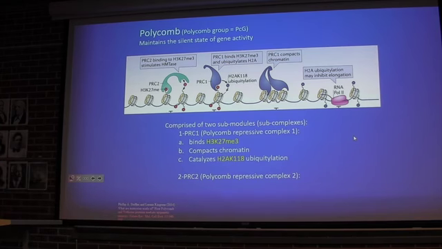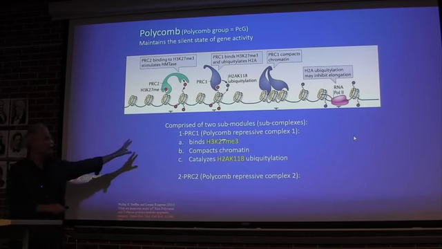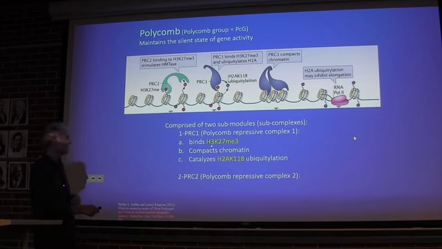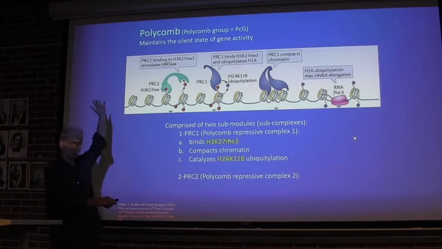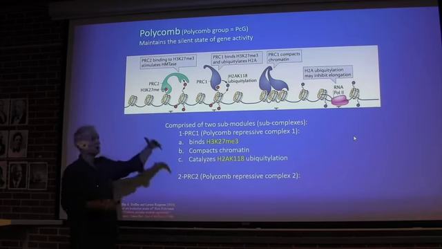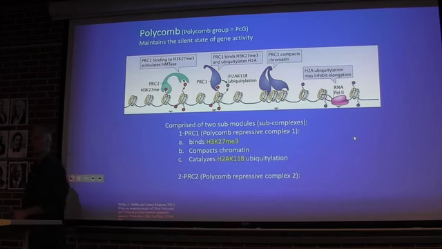H3K27 trimethyl. So that now we begin to understand why that's an important mark, because we know a lot about what it attracts, what binds there. Polycomb, PRC1 binds there. And it's thought through the previous slides that just simply binding it, it has affinity for itself, it begins to bunch the DNA together.